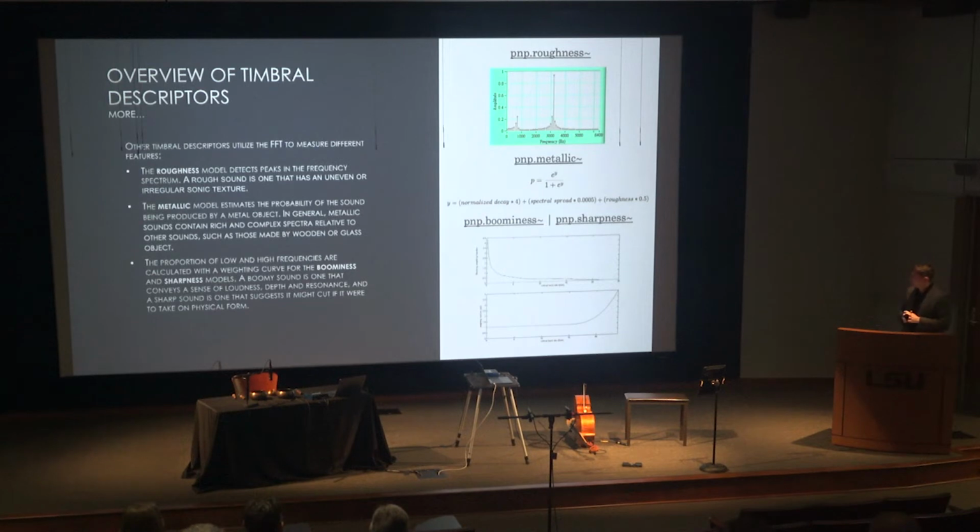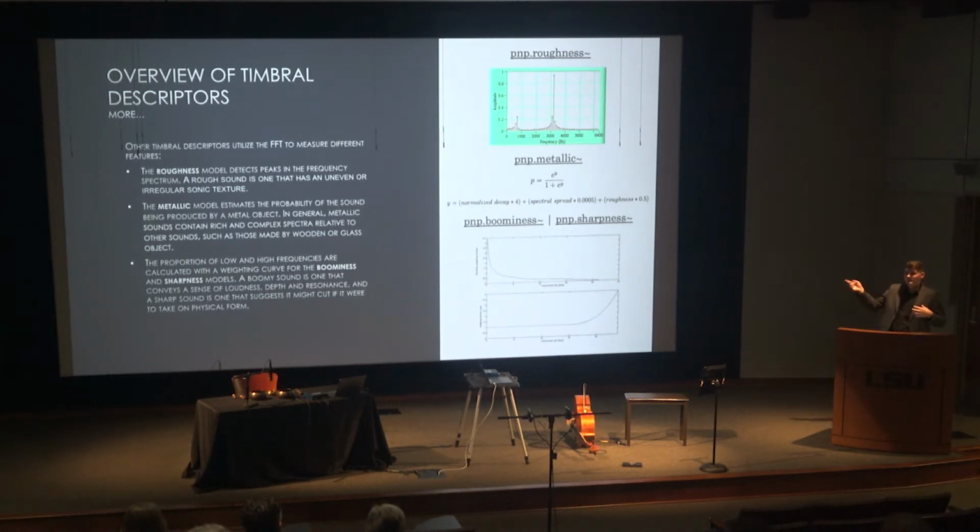hertz or so. And then for sharpness, the curve starts off flat, but then it curves towards the end of the spectrum around 8,000 hertz or so. In this case, we're checking the proportion of high frequencies to low frequencies. Boominess and sharpness are used a lot in the automobile and appliance industry.